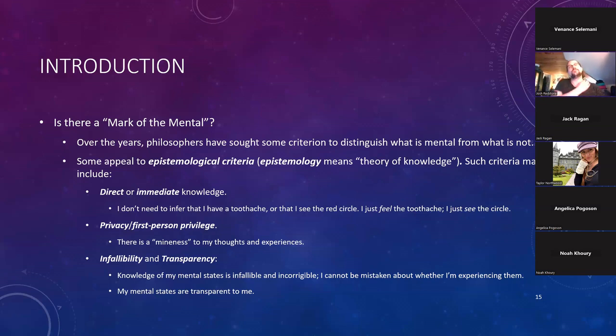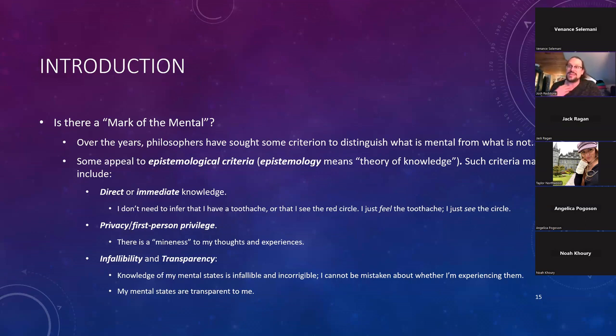There is a way I cannot be mistaken about something. It's called immunity to error through misidentification. I could be wrong that I have a pain, but I can't be wrong about who's having it.